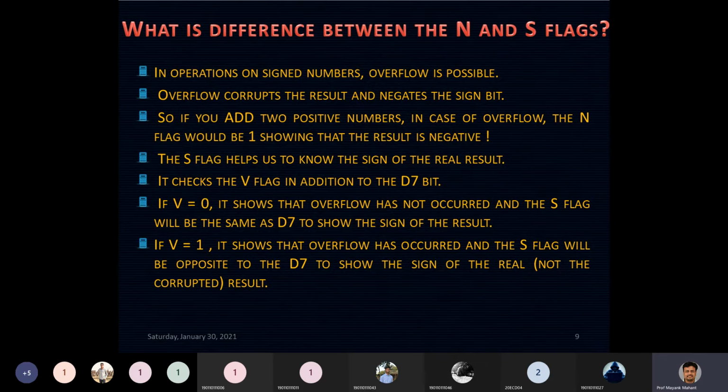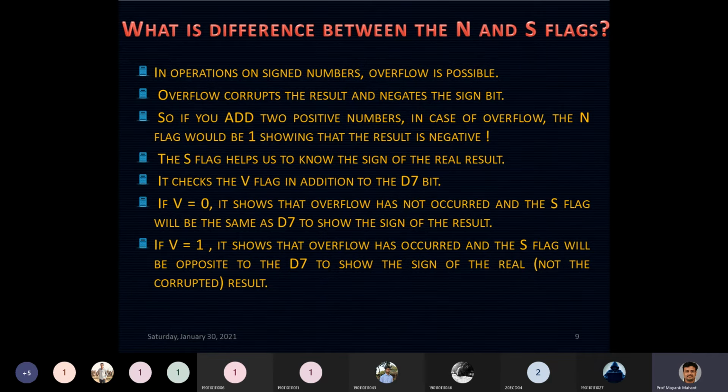But if the V flag is equal to 1, then the overflow has occurred and the sign flag would be exactly opposite to your D7, because it is the XOR of your D7 and the N flag.